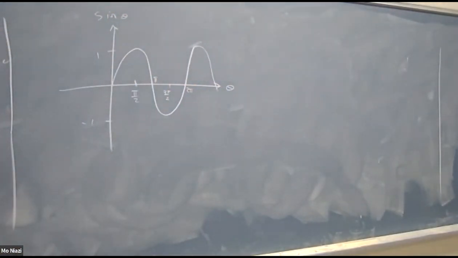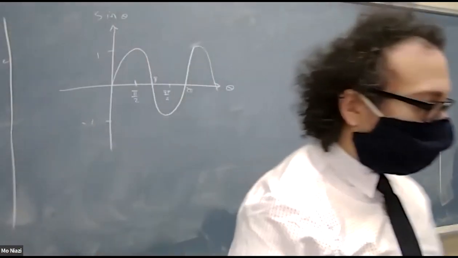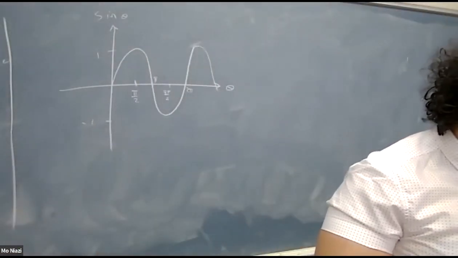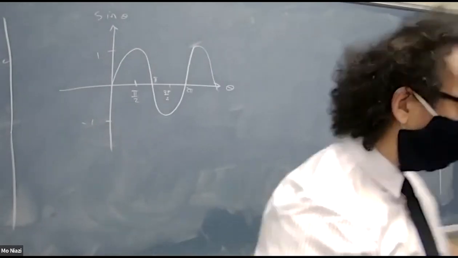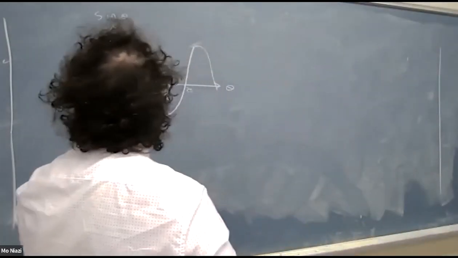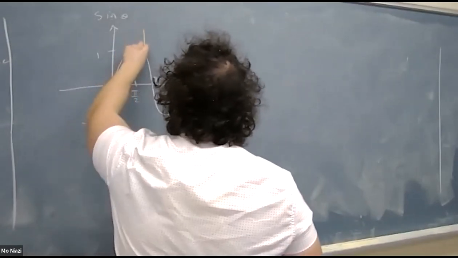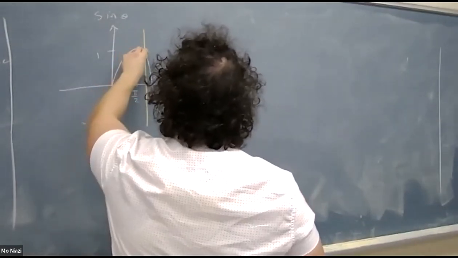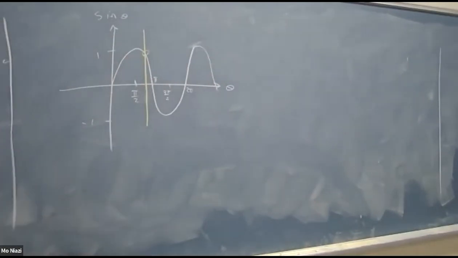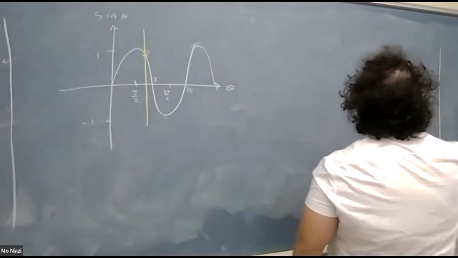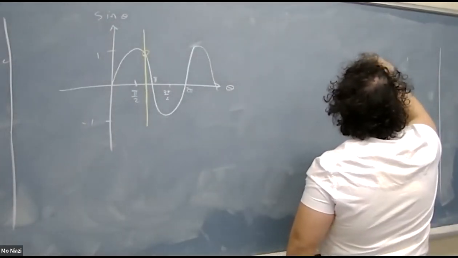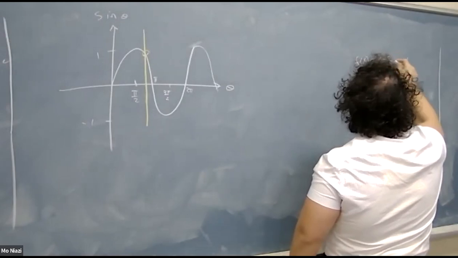Notice that this is a bona fide function because what kind of test does it pass? Correct, Travis. It passes the vertical line test. But recall, with our inverse functions, remember when we had, let's say, f of x is equal to x minus 2.